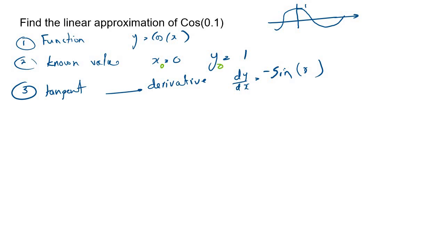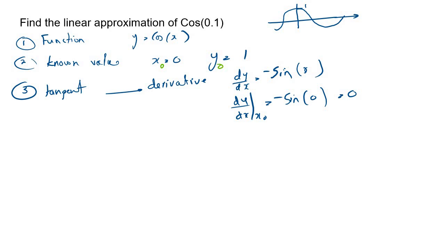And now we have to find the gradient at x0, y0. x0 is 0. So dy over dx at x0 is equal to minus sin 0, which is 0. So we know the gradient at x equals 0 is 0.